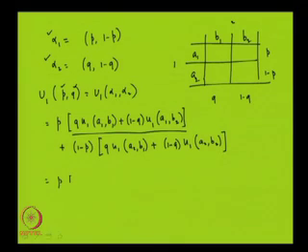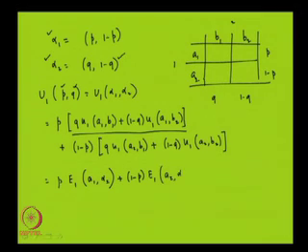So, I can write it in short form as the expected payoff to player 1 if he plays A1 and player 2 plays alpha 2, this mixed strategy, plus the expected payoff to player 1 if he plays A2 and player 2 sticks to his mixed strategy alpha 2.